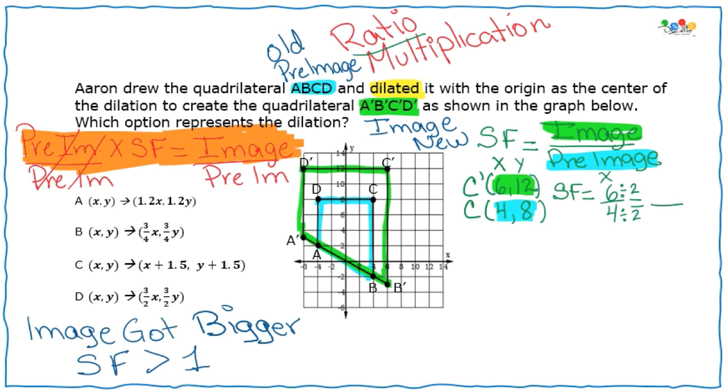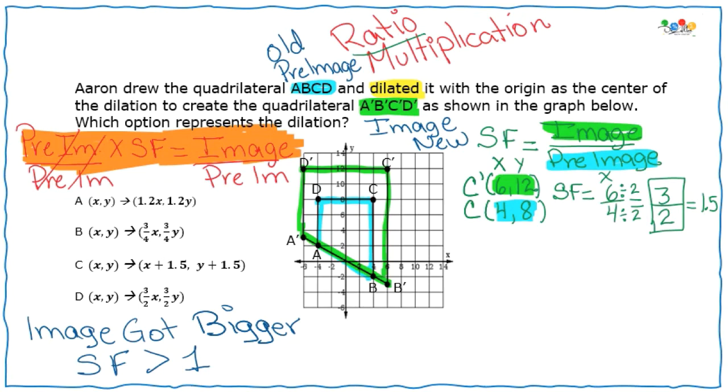Simplify, right? So what would I get? I get 3 over 2. So according to the first ordered pairs that I did, my scale factor will be 3 over 2, which is the same as 1.5. Isn't 1.5 greater than 1? And that's what we predicted over on the bottom, right?